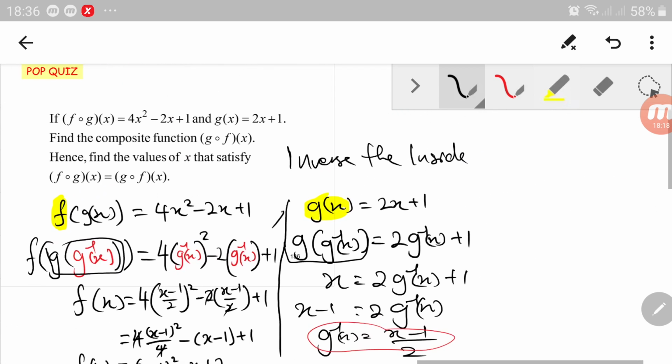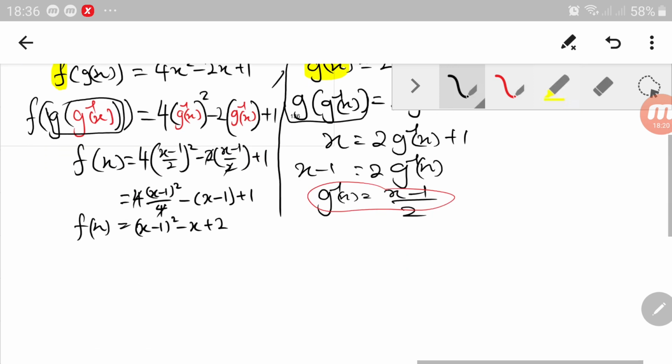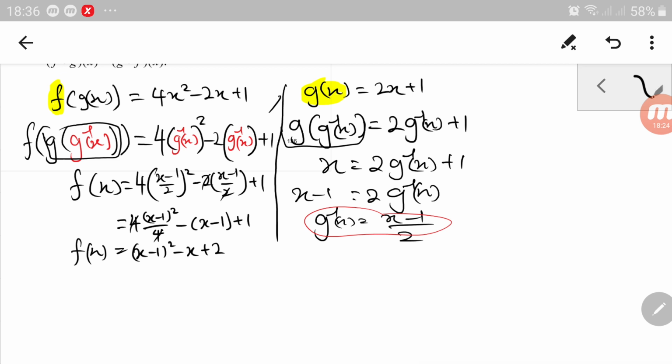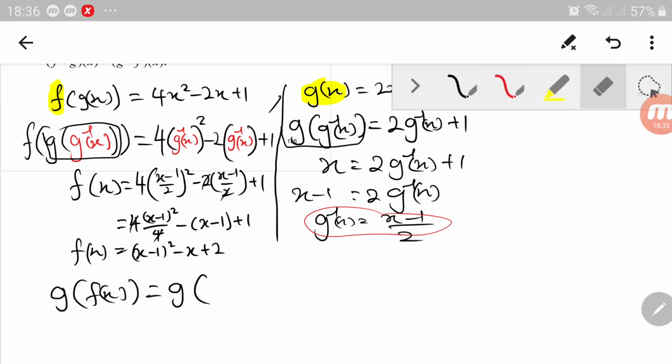Now find the composite of gf. Gf. So what is g? G is 2x plus 1, sorry. So gfx is g of f. F, we copy this. Copy only, easy.